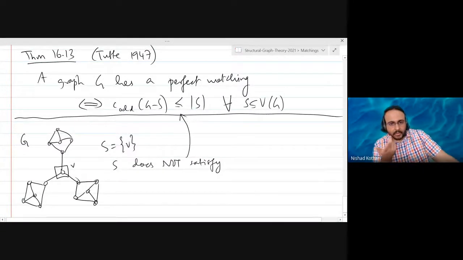In particular, the number of odd components is greater than the number of vertices deleted, and in this situation your graph will never have a perfect matching. What Tutte's theorem is saying is that the only reason for a graph to not have a perfect matching is that there is a set for which this inequality does not hold.